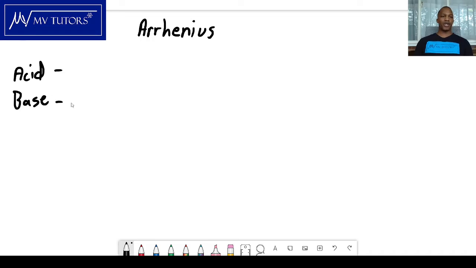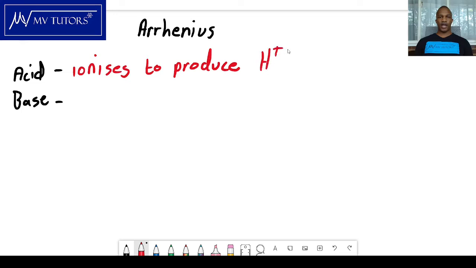According to him, an acid is a substance that ionizes to produce hydronium ions, or H3O. Same thing between these ones.